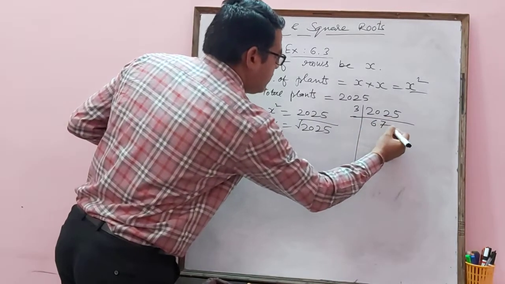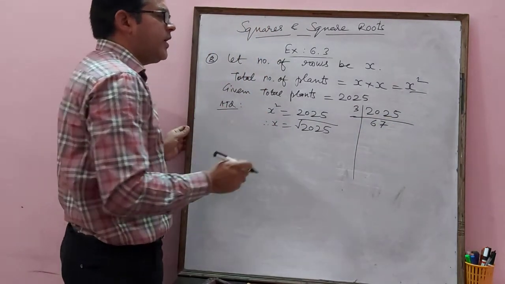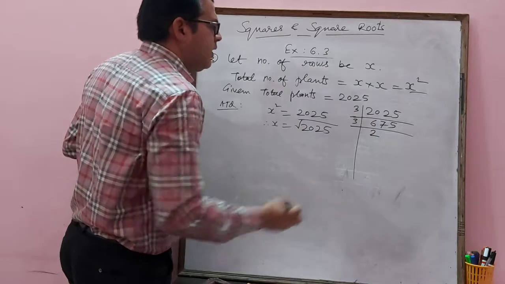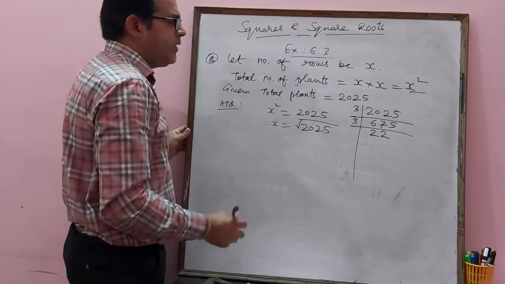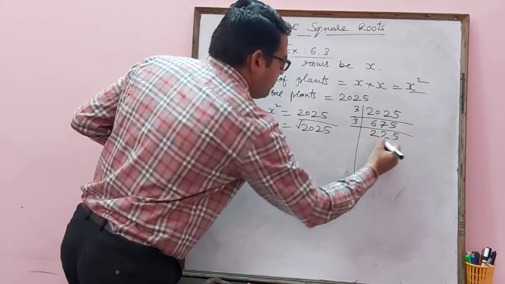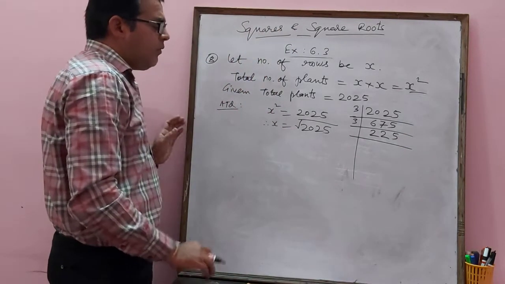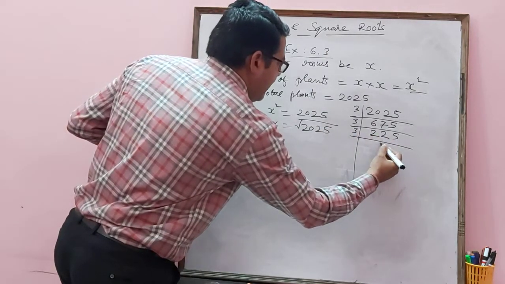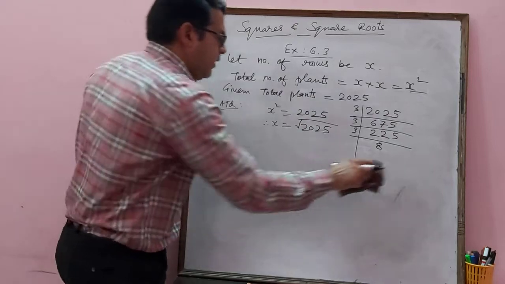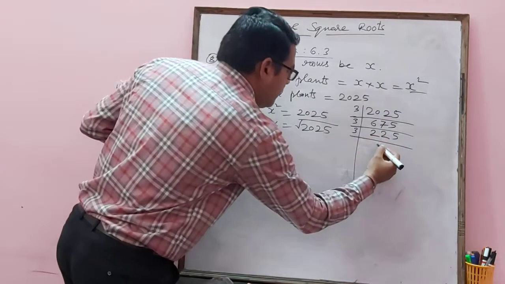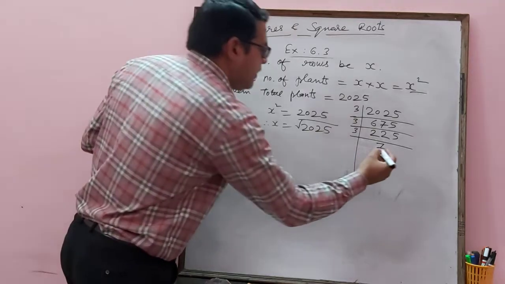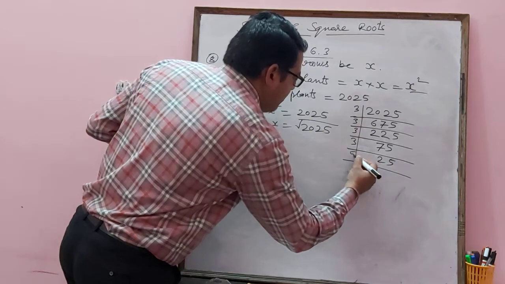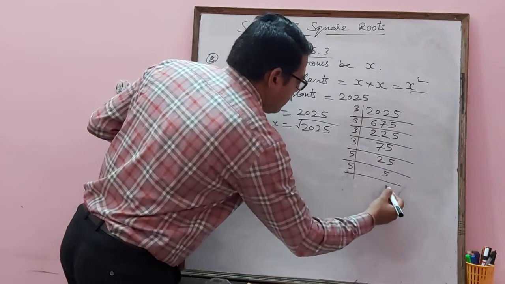So 3 7s are 21, 1 is left, it is 15, 3 5s are 15. Now again we can divide it by 3. 3 7s are 21, 1 is left, it is 15 now, 3 5s are 15. Now again by 3, then by 5, and by 5 again 1 time.